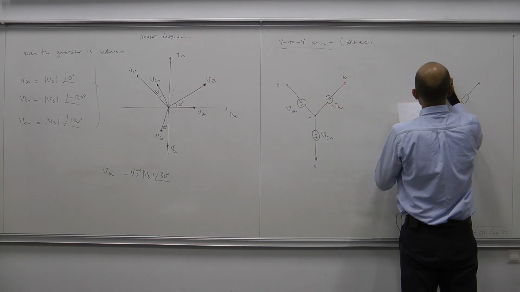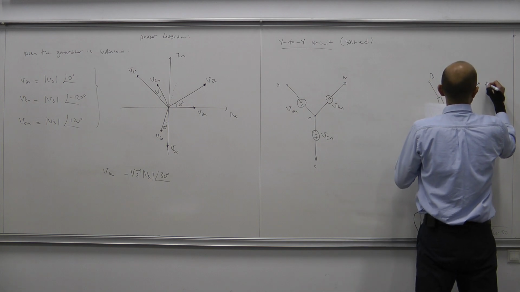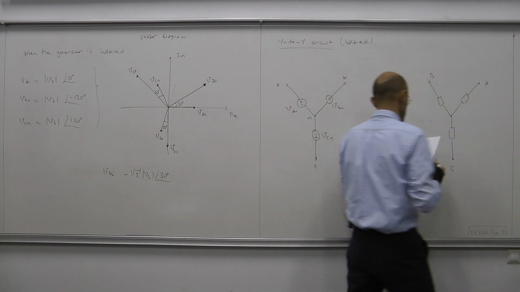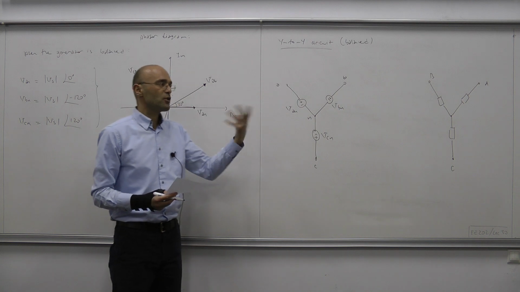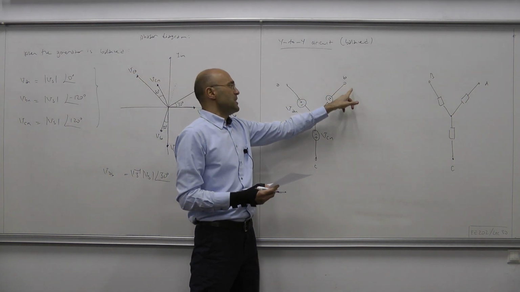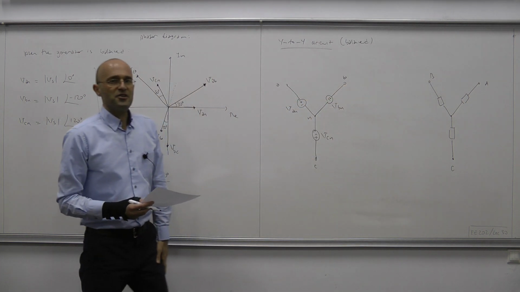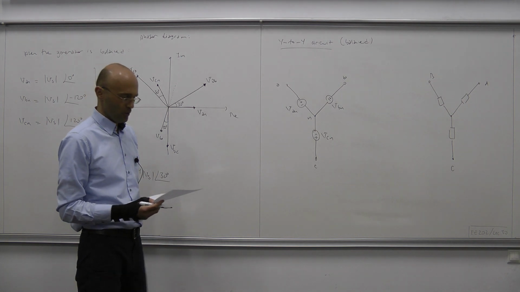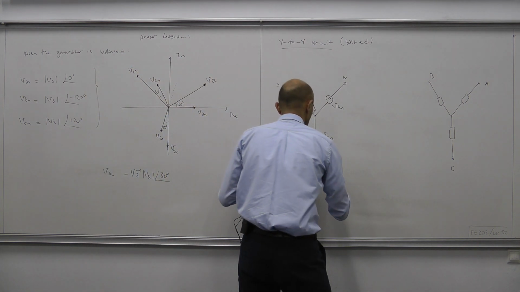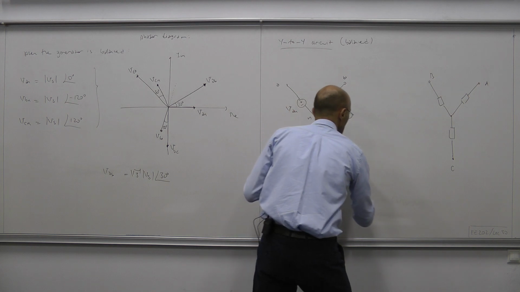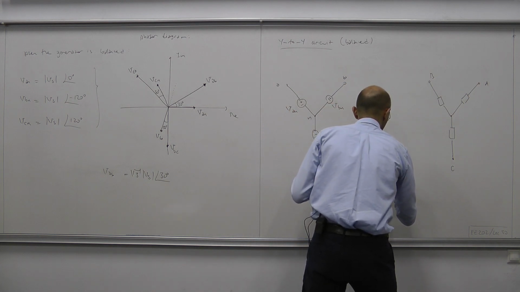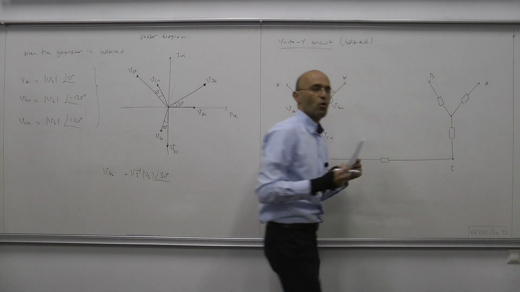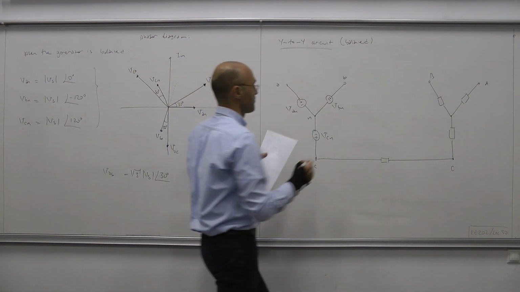So let this be B, this is A, and this is C. Once again the convention is such that A is connected to A, B is connected to B, and C is connected to C naturally. And how we connect them is by the so-called transmission lines.